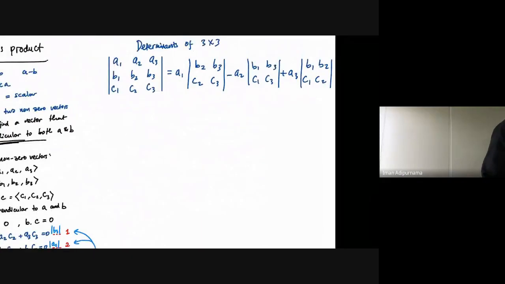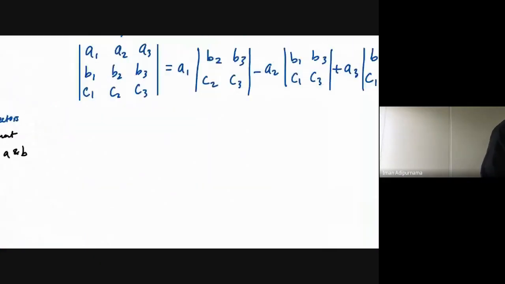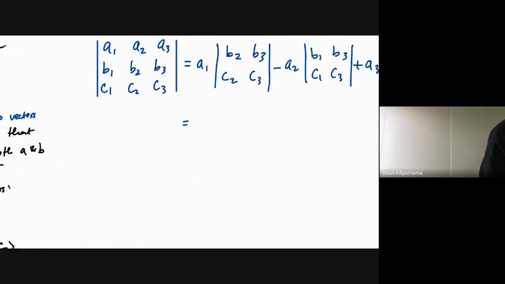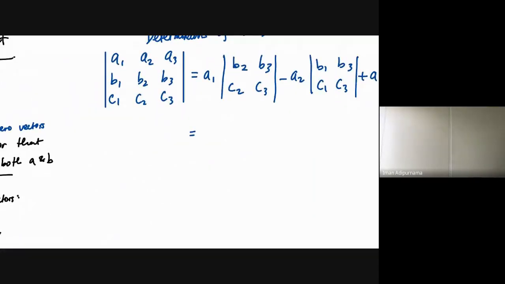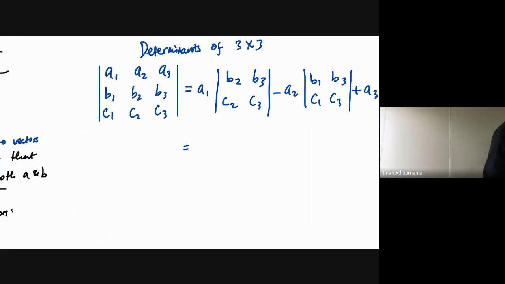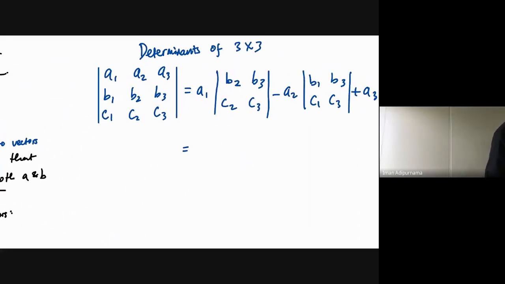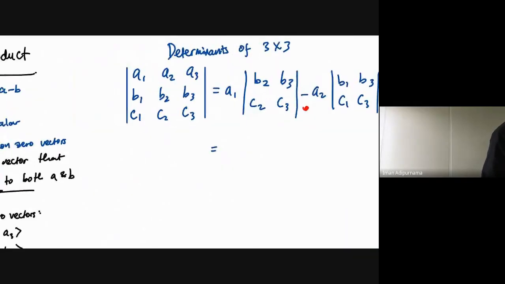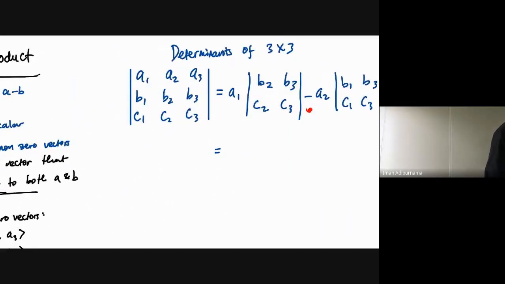The same result applies if you calculate along B and C instead of A. And why the minus? If you remember how we define it in the matrix, it's plus, minus, plus.